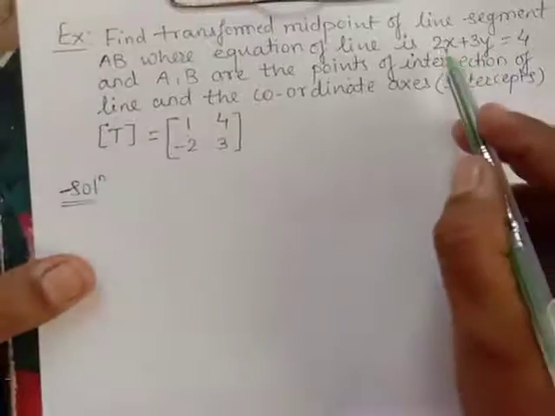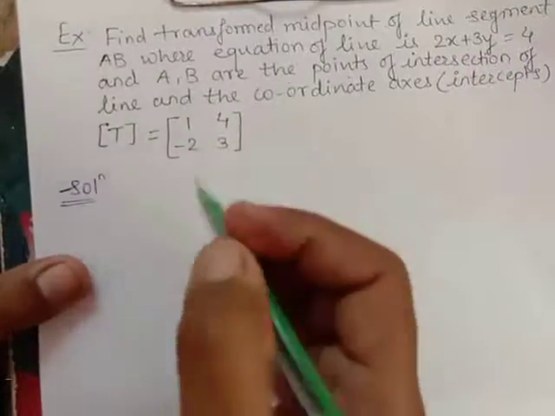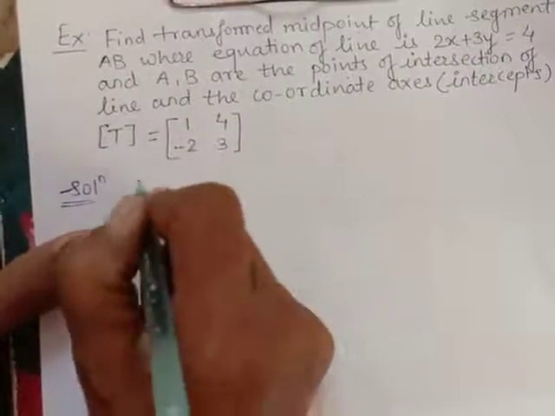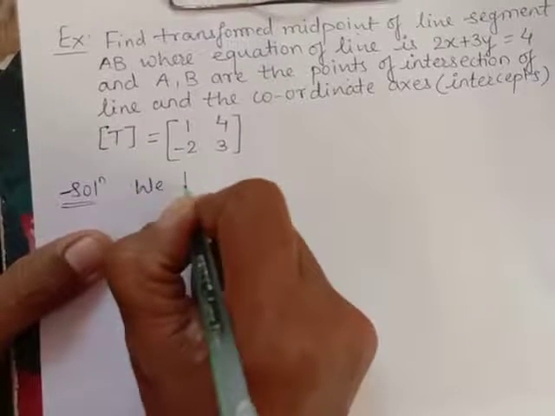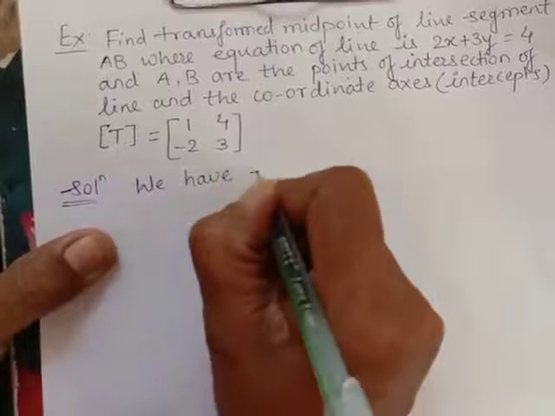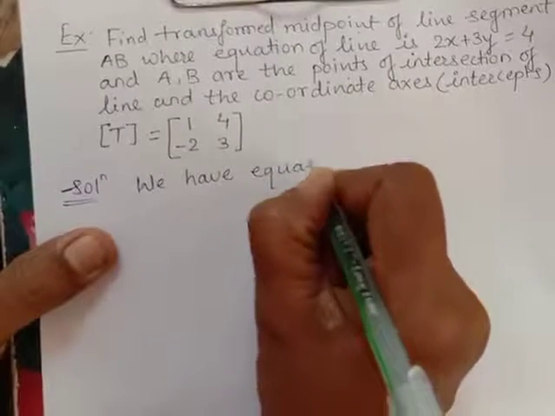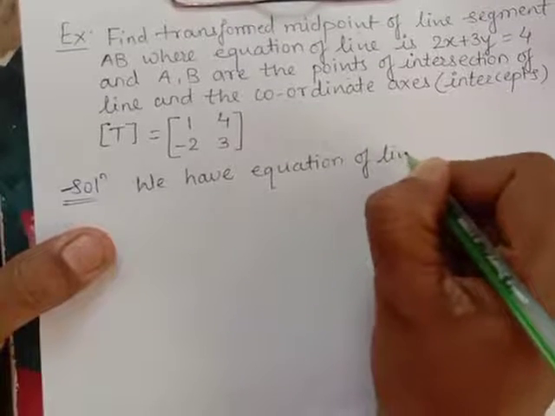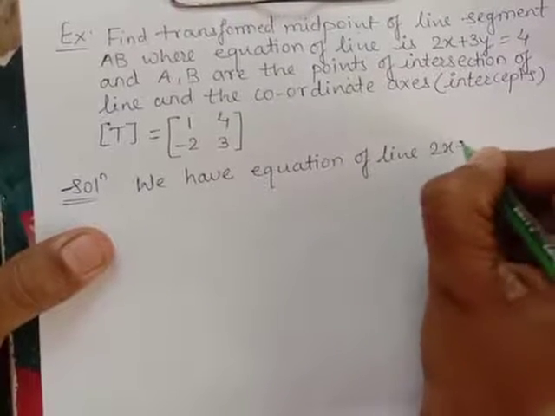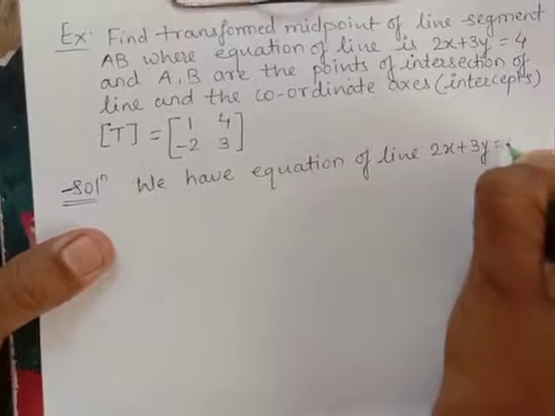But for that we need to determine A and B first. We have the equation of the line, 2x plus 3y equal to 4.